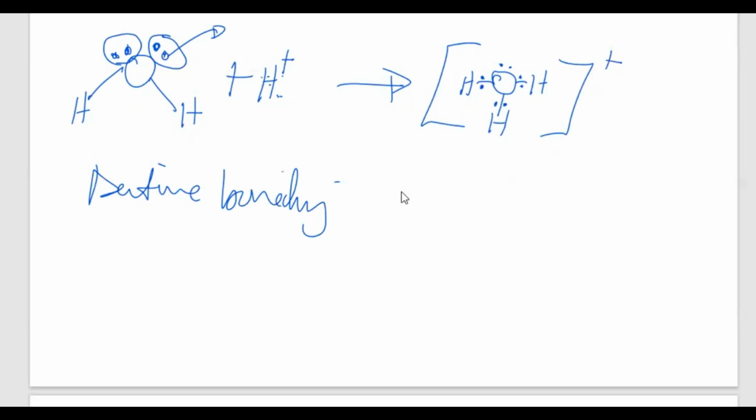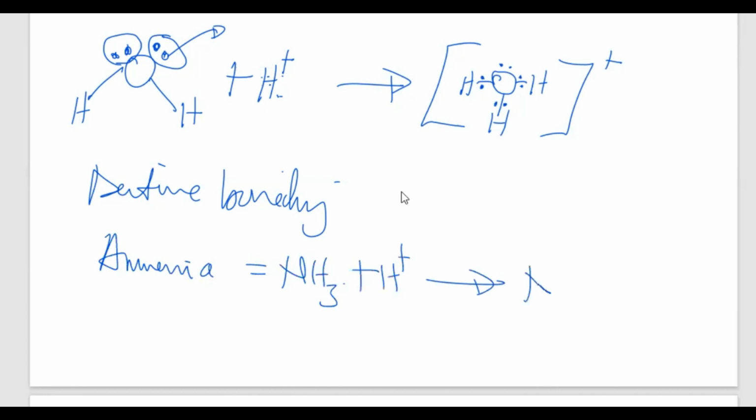The other one doesn't come with anything. Ammonia. I know that many students don't know how to read this. It's called ammonia. Some people say nitrogen trihydrogen. That's wrong. It's called ammonia. When this ammonia adds a hydrogen, you form what we call ammonium ion.